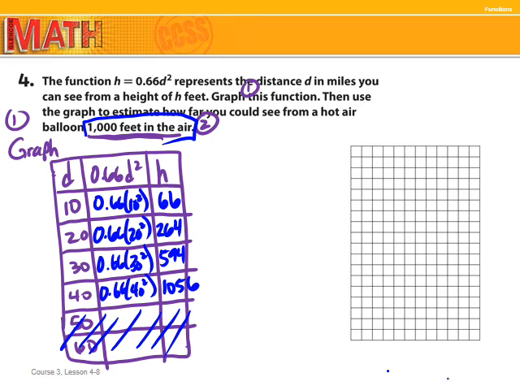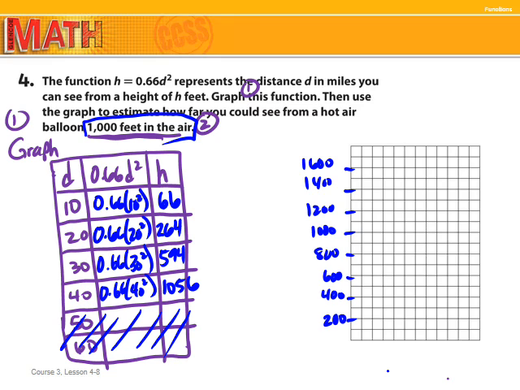So let's look at a graph, and because we're going up to 1,000, every box we're going to make it 100. So there you go, 200, 400, 600, 800, 1,000, 1,200, 1,400, 1,600.